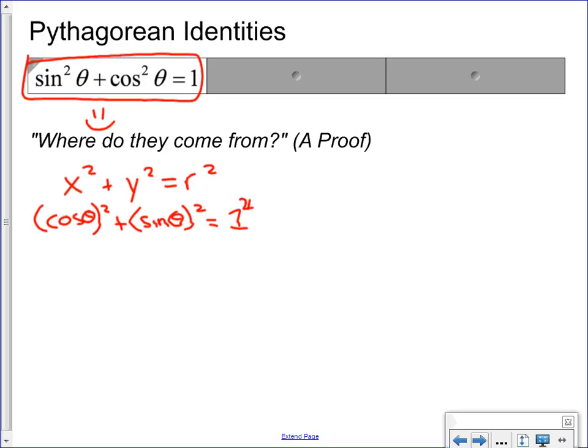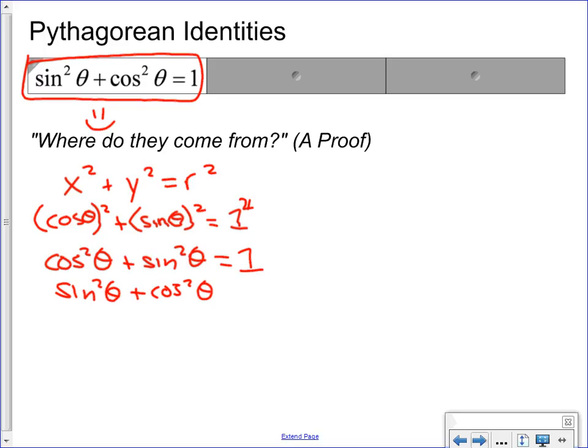When you write the squares for sine and cosine, you put it between the sine and the angle. So you could also say cosine squared plus sine squared is equal to 1. And of course, with the good old commutative property, this is the same thing as sine squared plus cosine squared equals 1.